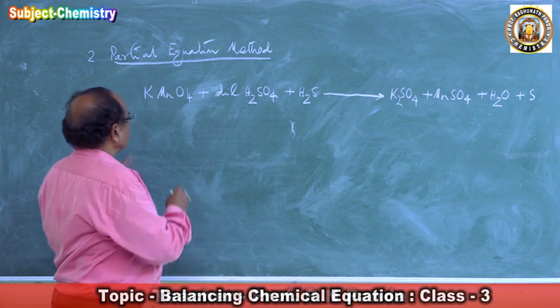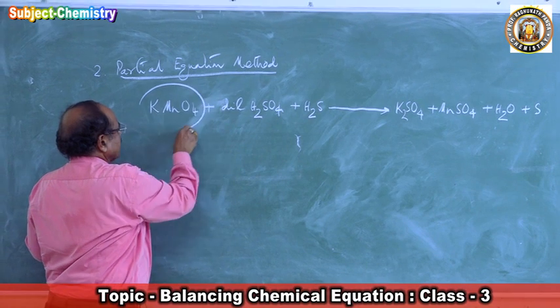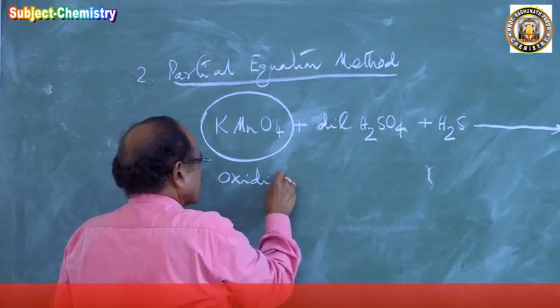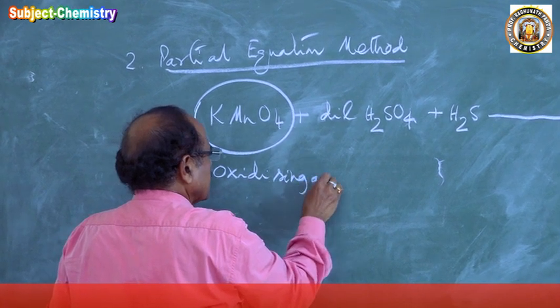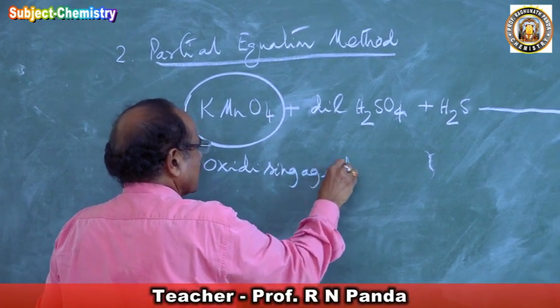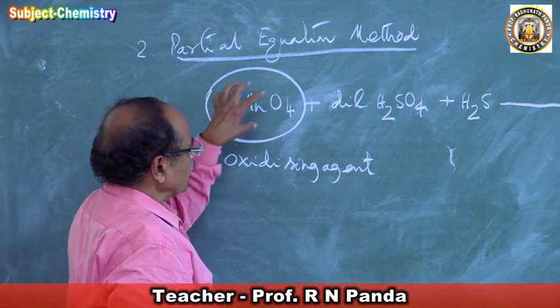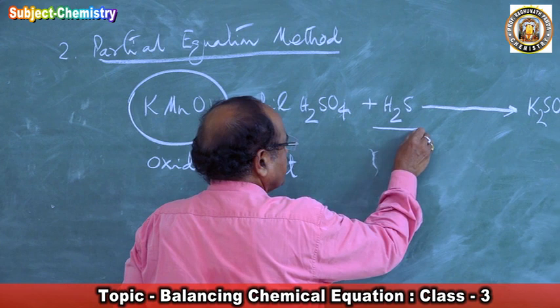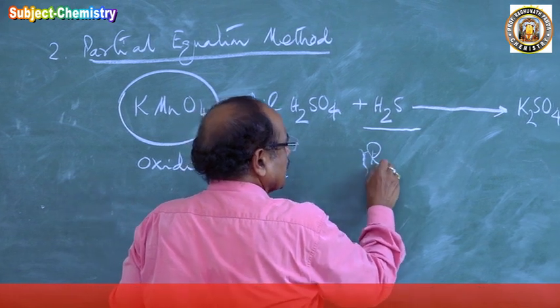Now you see, potassium permanganate is called an oxidizing agent. I will take a class on oxidation reactions. Oxidizing agent means it will produce oxygen. And H2S is a reducing agent.